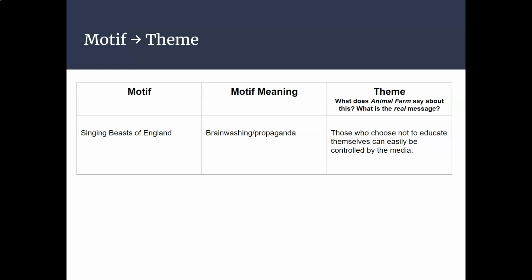Whenever they sing it, it gets in their heads and has them pledge their loyalty or allegiance to Animal Farm. And so the theme we get from that motif is those who choose not to educate themselves can easily be controlled by the media. Basically, uneducated people are easy to control is one of the themes in Animal Farm, and it's conveyed through the repetition of the singing of Beasts of England.